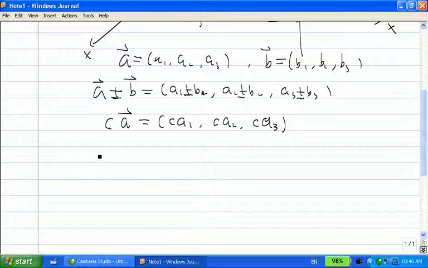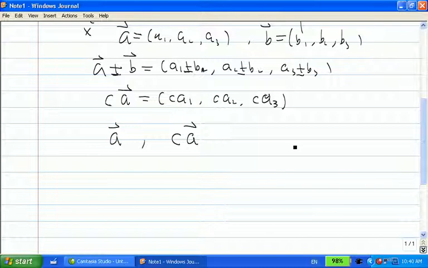An important thing I want you to know is that if A is a vector, then a scalar C times A will be parallel to the given vector A.